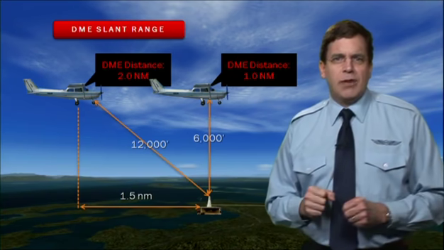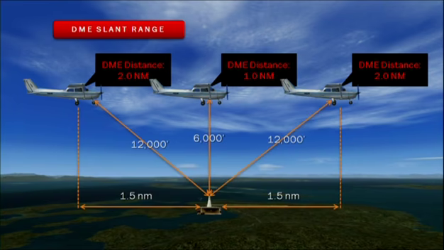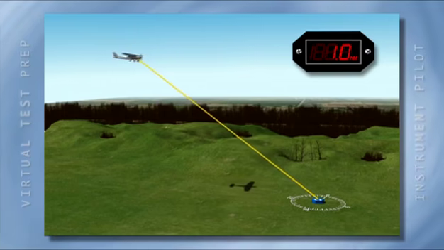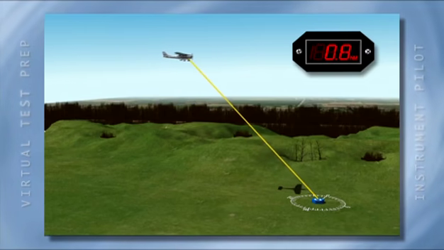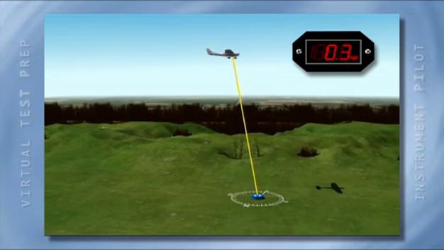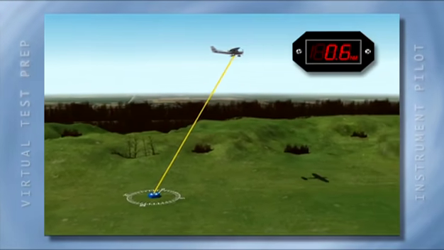Now as you pass overhead and fly away from the VOR, the distance display begins to increase again without ever going to 0. This is because it is measuring the slant range distance as you fly away from the station. DME slant range errors increase when we are close to or high above the station. Slant range errors decrease when the aircraft is further from the station or at a lower altitude.